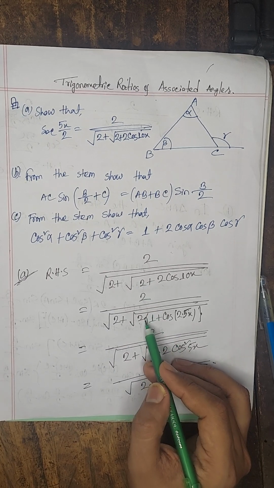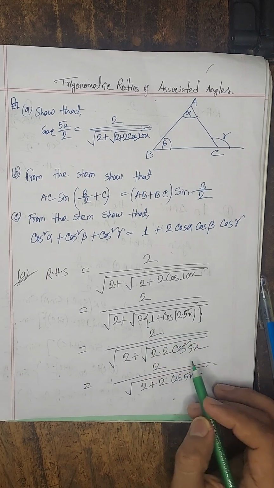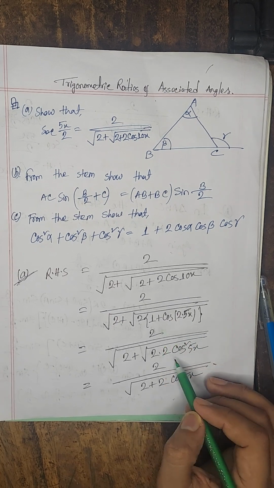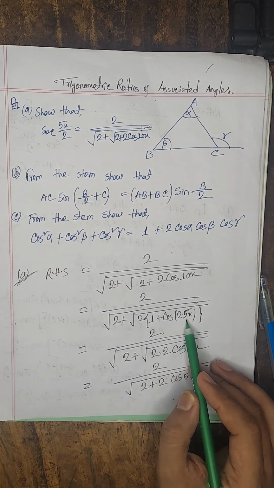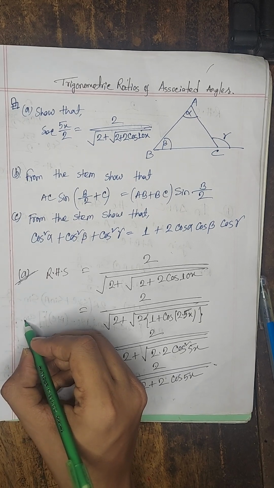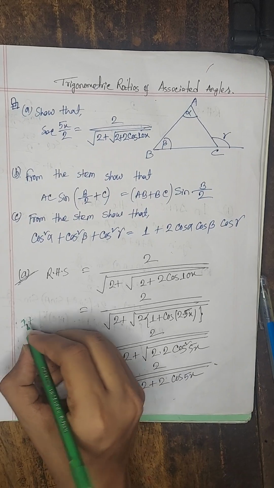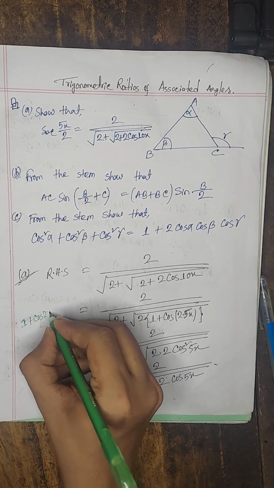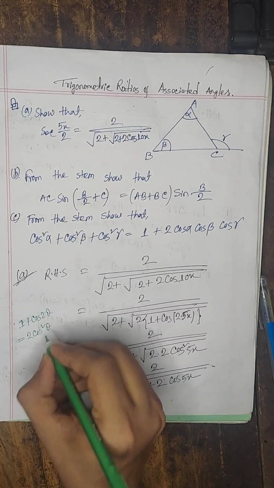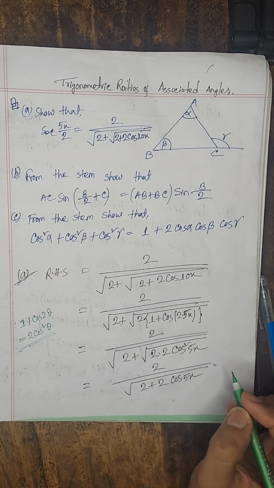So then we get 2 times bracket 1 plus cos 2 times 5x. Then we can write 2 cos square 5x instead of 1 plus cos 2 times 5x, which follows from the formula 1 plus cos twice theta is equal to 2 cos square theta.